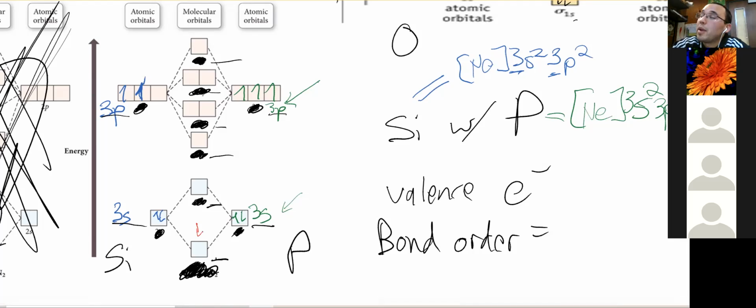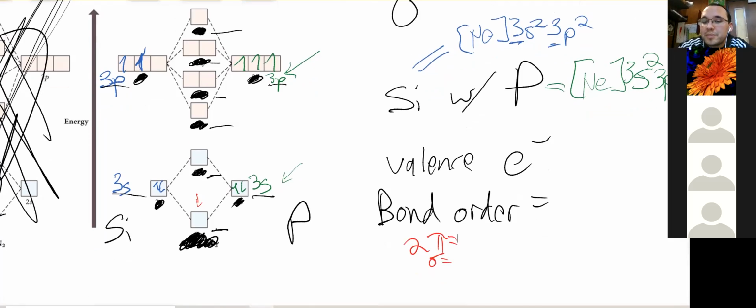So we can make 2 pi bonds. And how many sigma bonds can you make? Does someone else want to help her? How many sigma bonds are there? 1. So there's always only 1 sigma bond and 2 pi bonds.